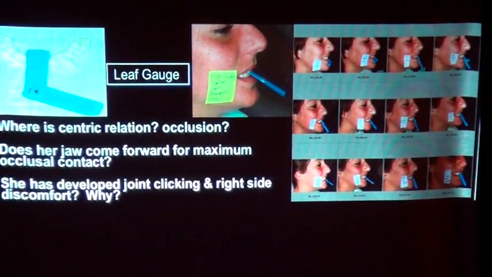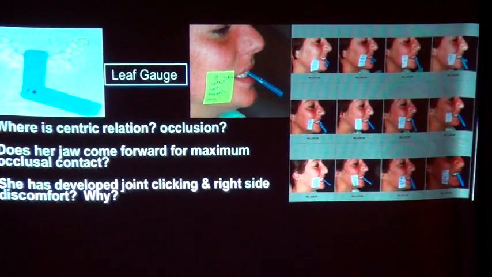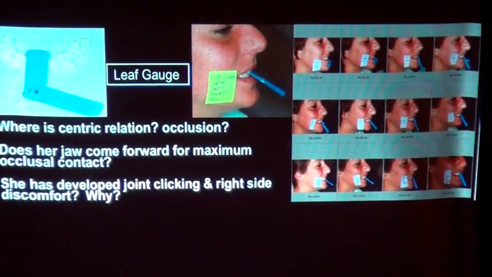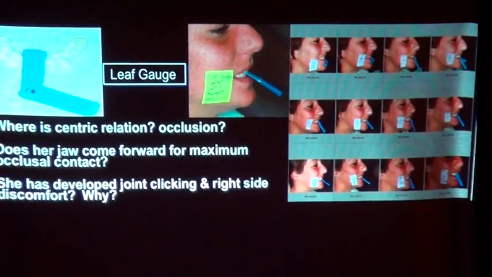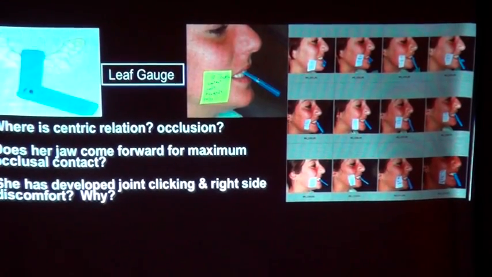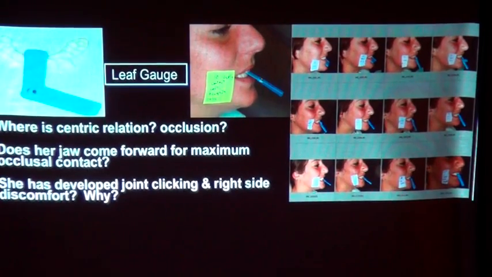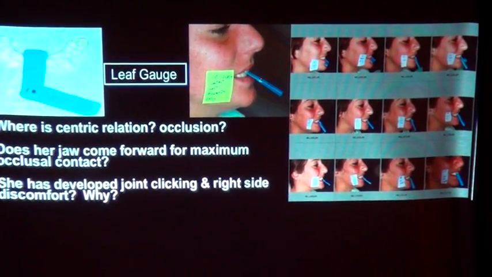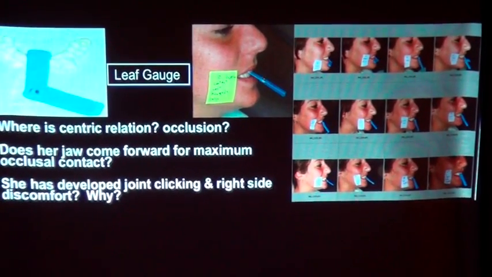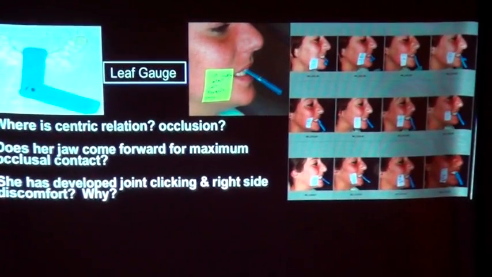So I took the leaf gauge concept, and the leaf gauge concept is to enable you to find centric relation, especially in a patient that has an accommodated occlusion from wear and bruxing. They tend to wear their teeth and get so comfortable in the position that they wear their teeth to, it's hard to find their centric relation position.